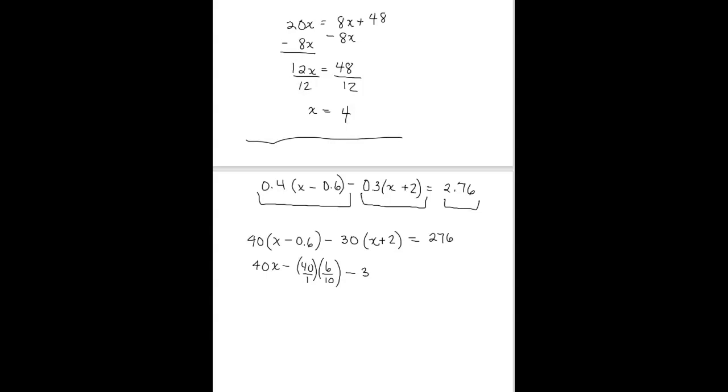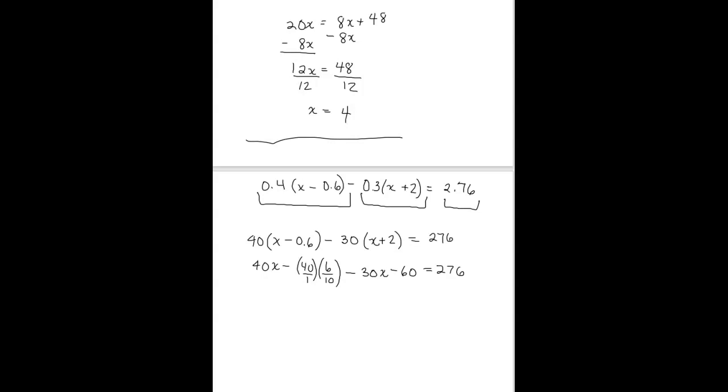So then I'm going to have a 30x, and my 30 times 2 is going to get me a 60, right? And since my 30 is negative, it's going to become a negative 60, and that's going to become 276. All right.